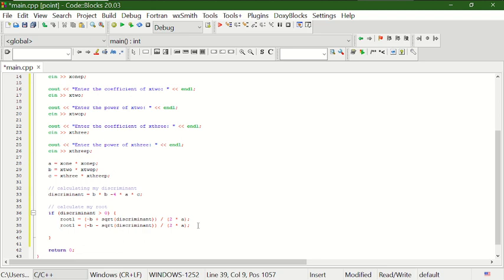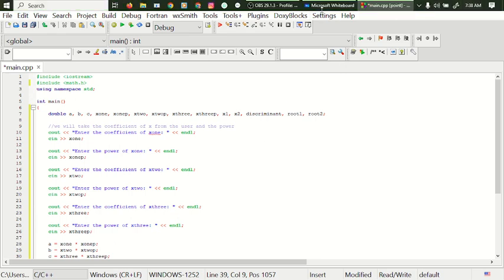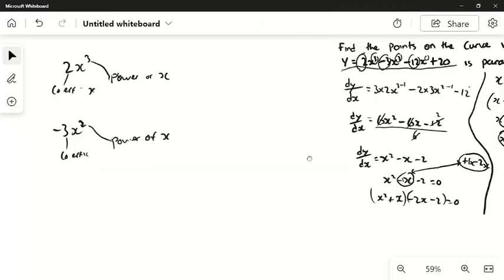Which one is x1? X1 is the second point. When we say x1, we substitute the root for x in the y equation. Let me show you what I mean by that.